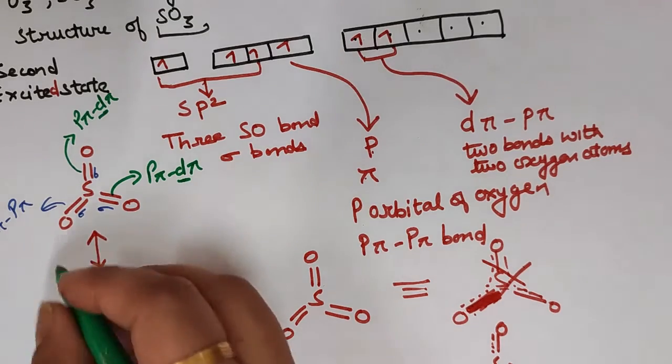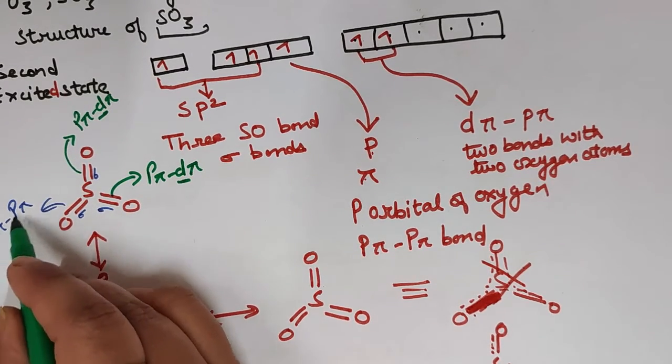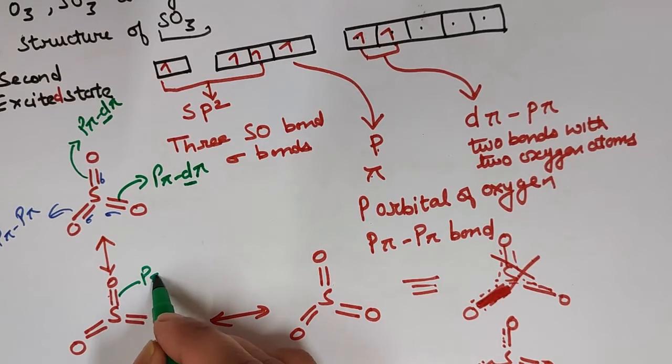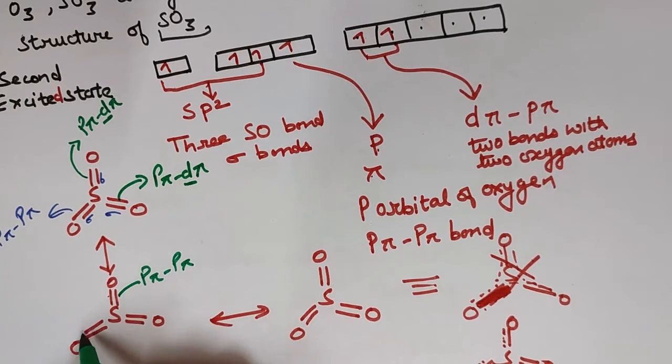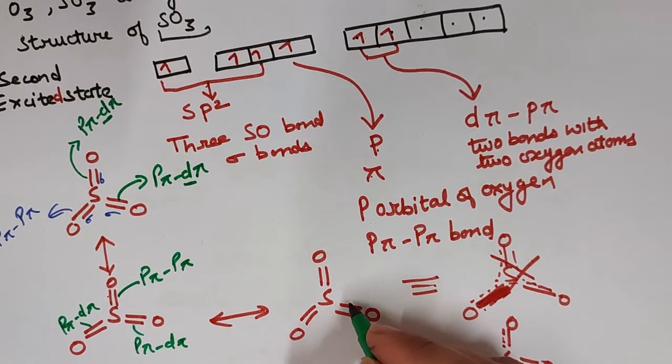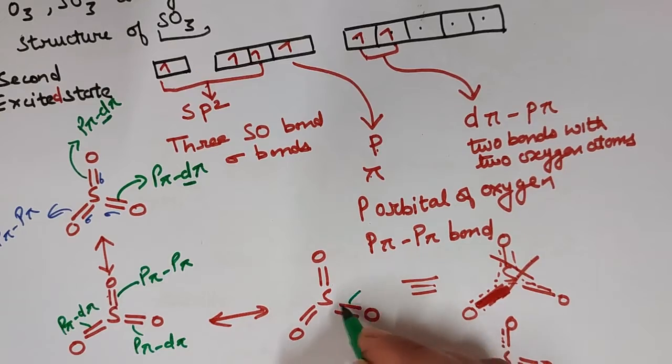Now out of this, because we represented this one as p pi bond, now we can take another one. So if this one is p pi bond, this will be p pi d pi and this will be p pi d pi. Then shift this p pi in the next resonating structure towards this side with this oxygen atom.